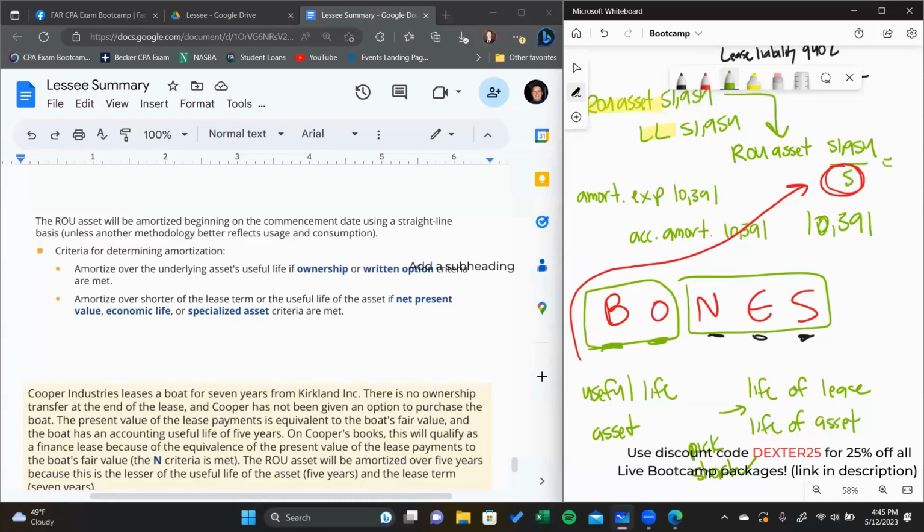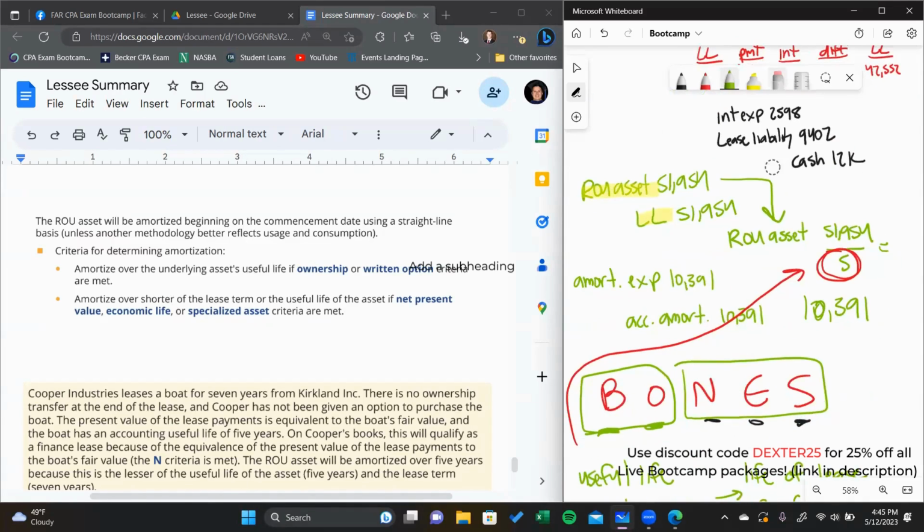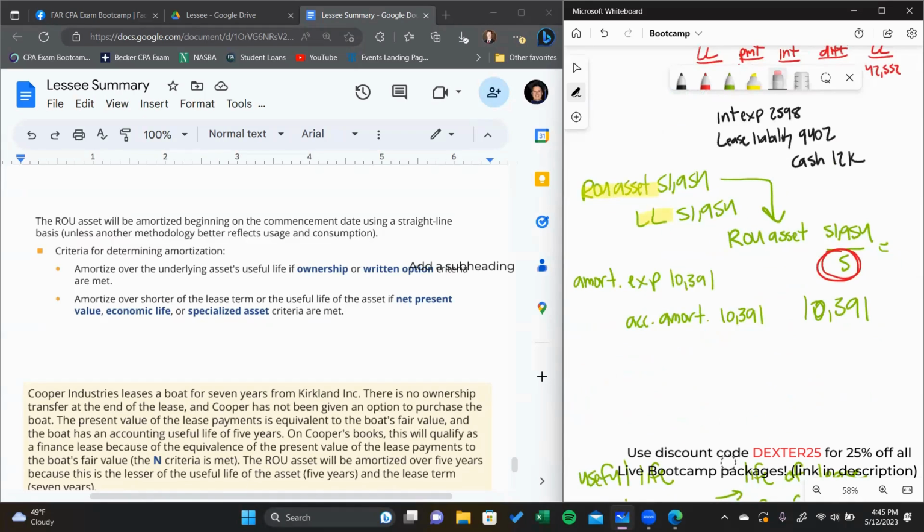I did not follow your explanation about ROU asset or lease liability, where you say we don't amortize the lease liability, but the asset. Okay, so essentially what I was saying here is when we make the journal entry, we debit ROU asset for 51,954 and we credit lease liability for 51,954. What I was pointing out is when we amortize, we base it off of the ROU asset value.